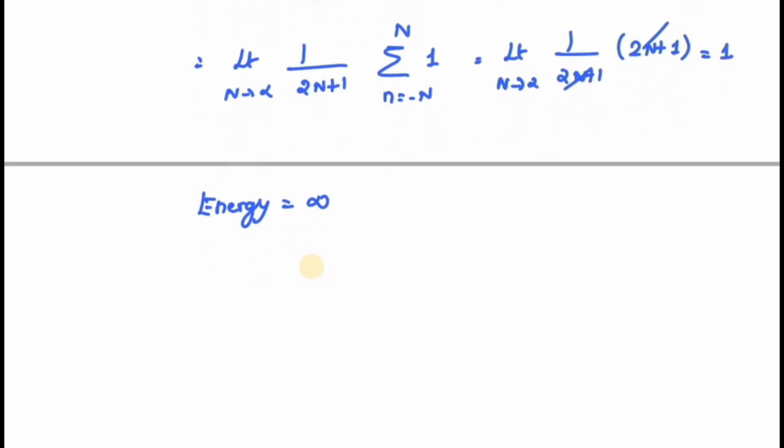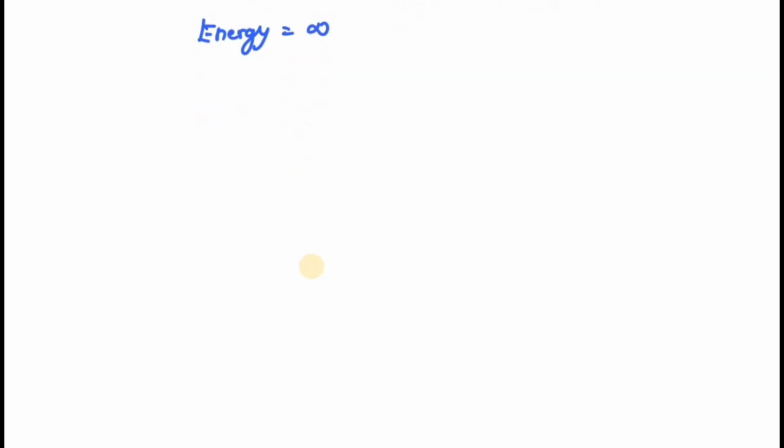Next, let me solve another problem. Third problem. x of n is equal to 1 divided by 3 of n u of n. Let me check this.